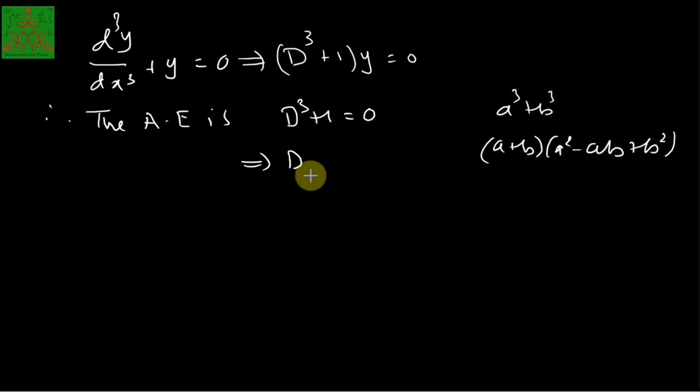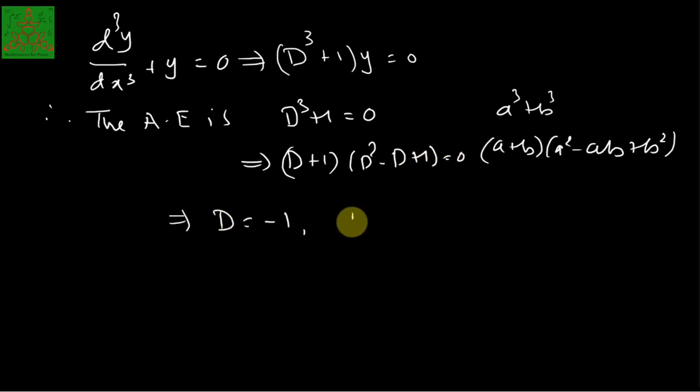Due to this, we can write (D plus 1)(D square minus D plus 1) equal to 0. So this will give you D equal to minus 1 as one root. The other roots are 1 by 2 plus or minus i root 3 by 2, that you can verify by yourself, and hence there is one real root and two complex roots.